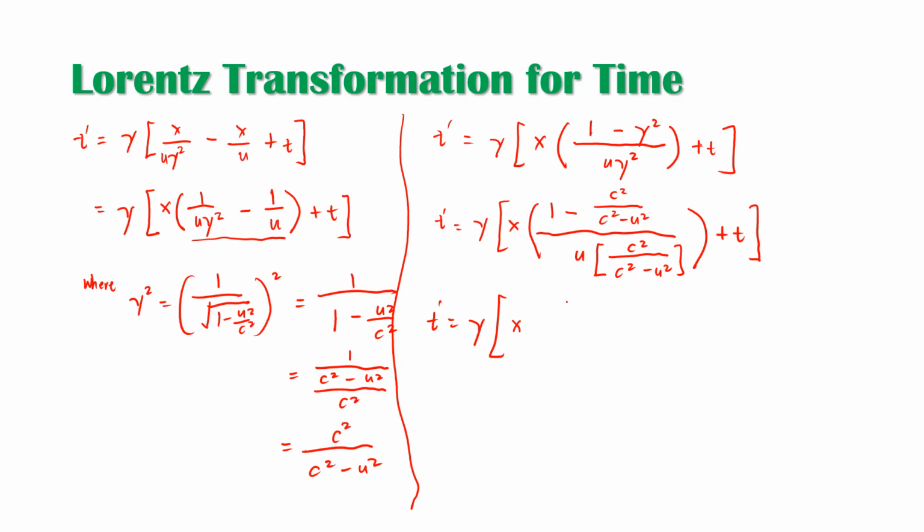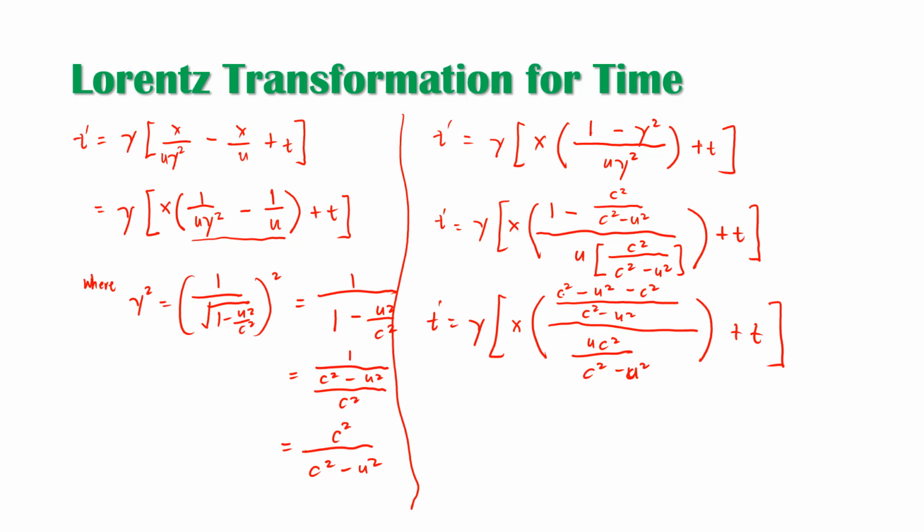In the numerator we have c squared minus u squared minus c squared, and in the denominator, we have u c squared over c squared minus u squared, plus t. We further simplify.